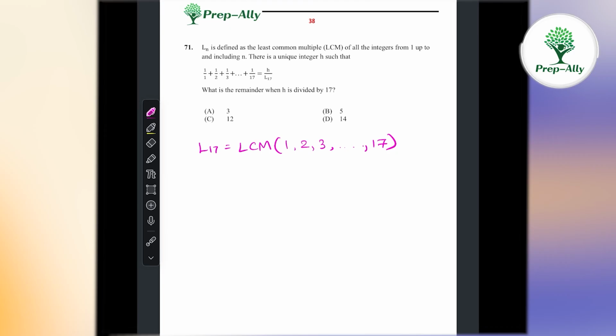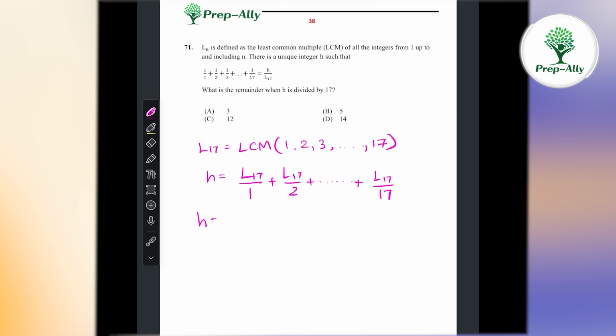And what are we told? We're told that h is a unique integer such that this, so h equals L17 by 1 plus L17 by 2 plus and so on up to L17 by 17.